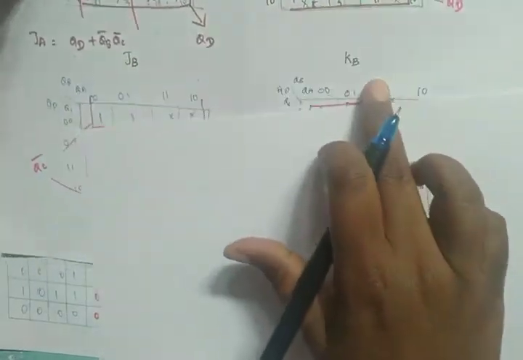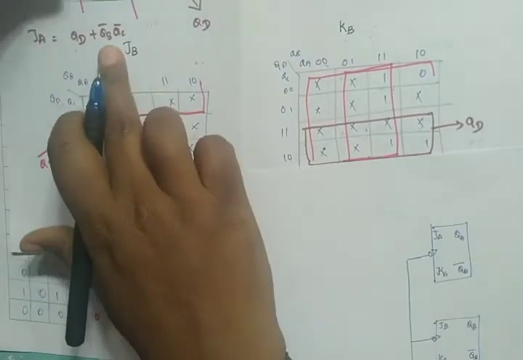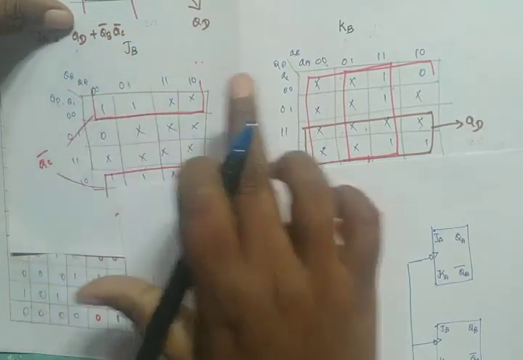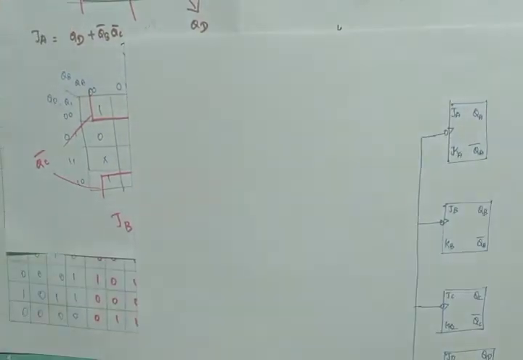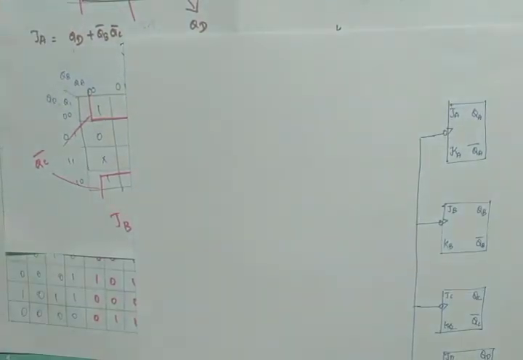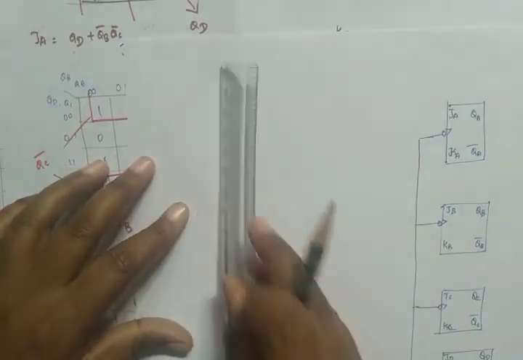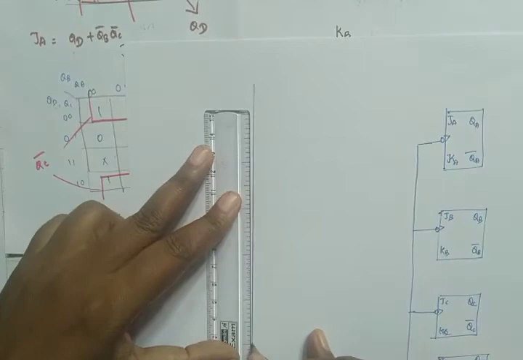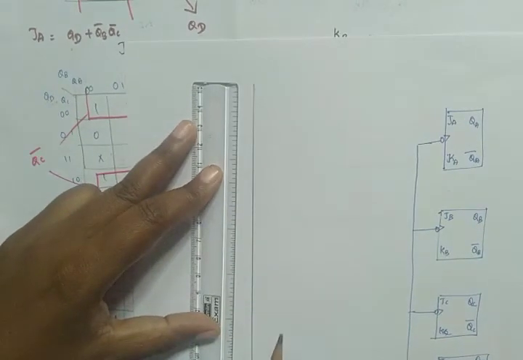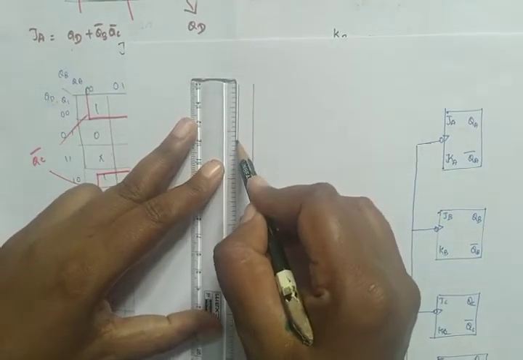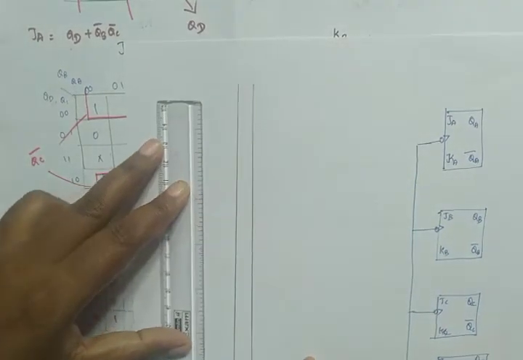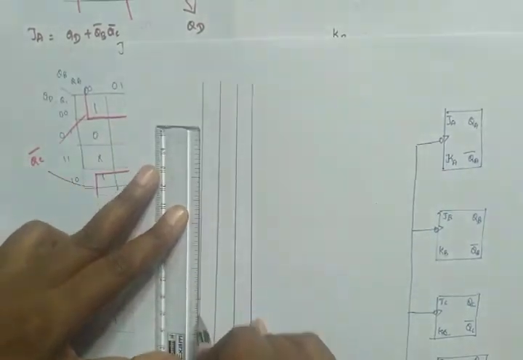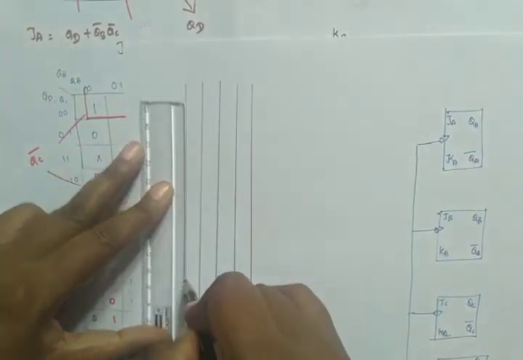Now what we have to do is check in the K-map. So what are the terms available here? We need QB, QB bar, QC bar, QD. So let us draw a line like this. This is QA bar. QA, and here let us take this as QA bar. This is QB. This is QB bar. This QC.